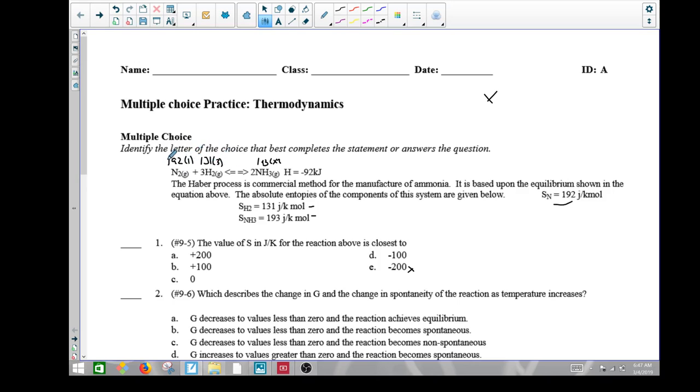Put these all together. That's your total of the reactants, the sum of all your reactants. This one is the sum of all the products. And of course, products minus reactants equals delta S.